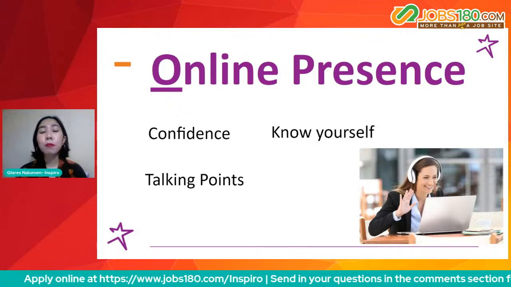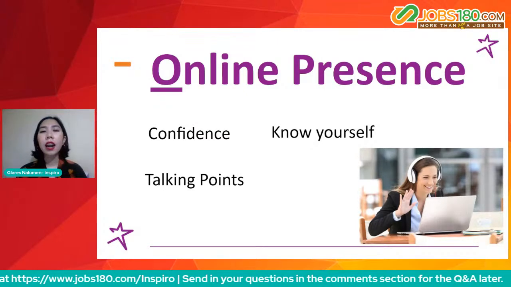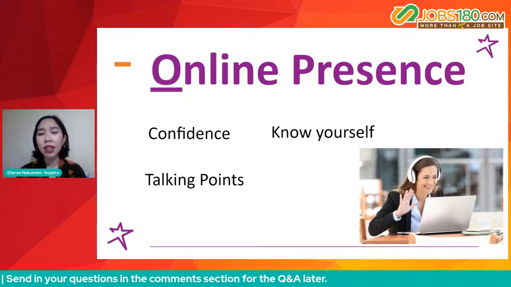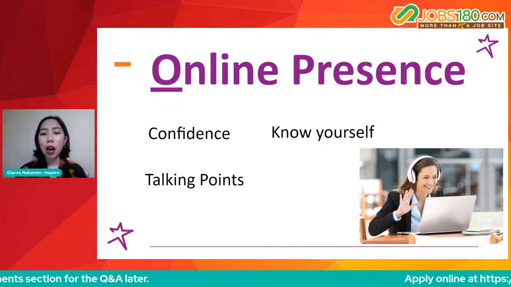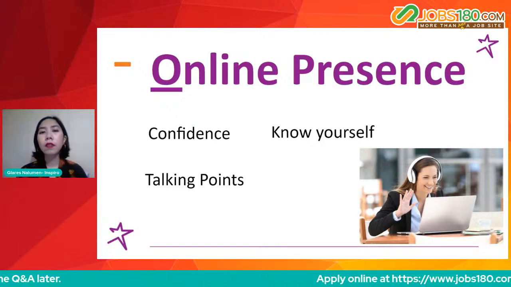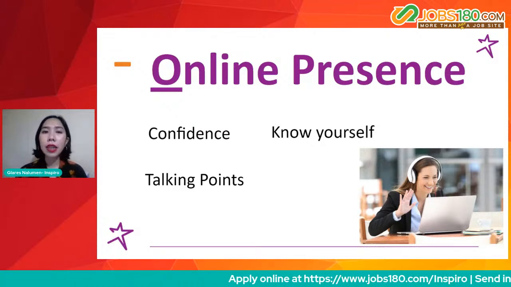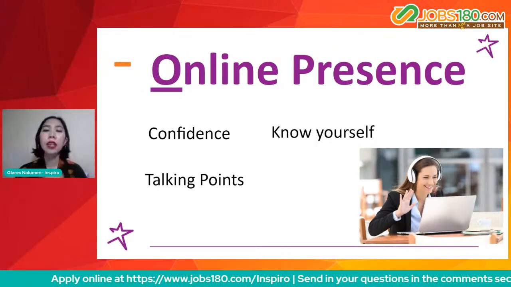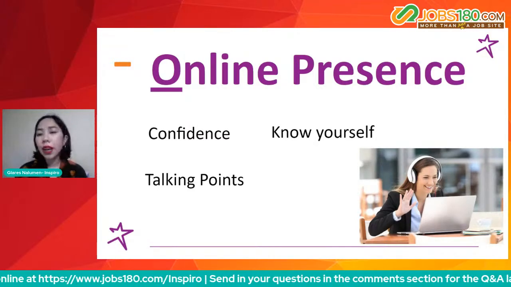So again, guys, please control yourselves and be mindful of the things that you are saying to your interviewer. At the end of the day, we would like you to be seen as a person who has good work ethics and professionalism.